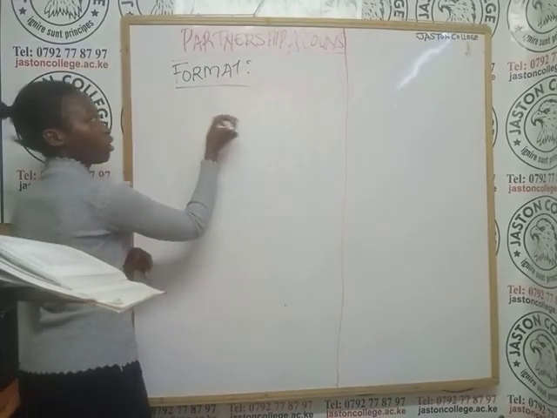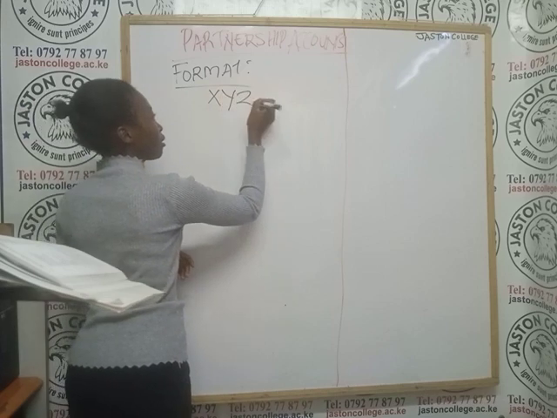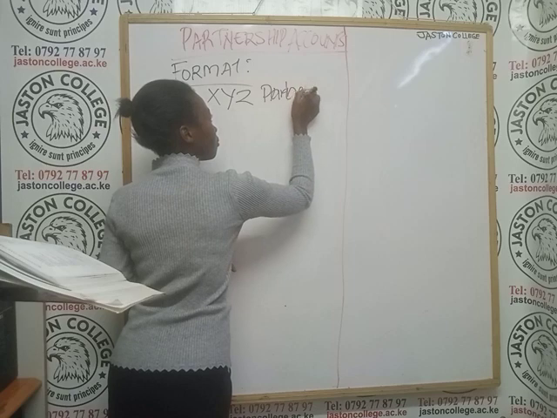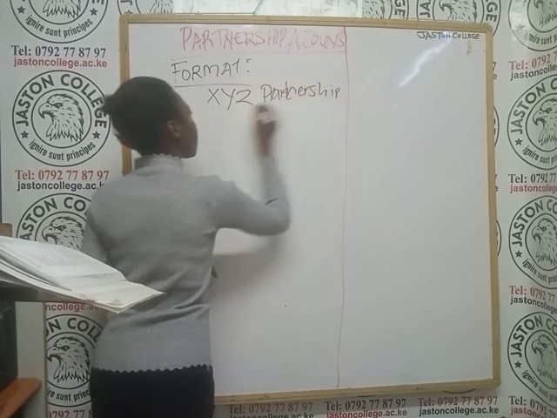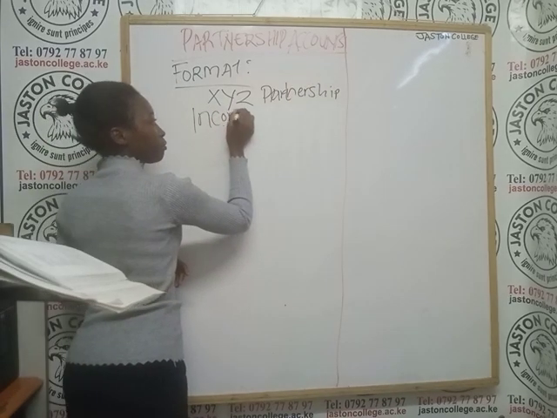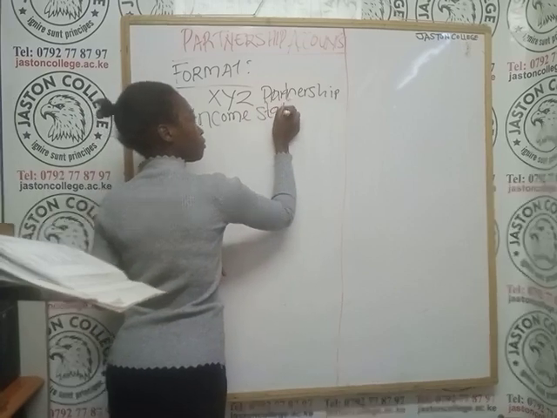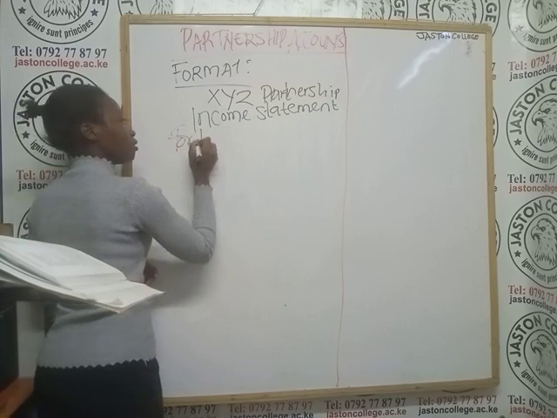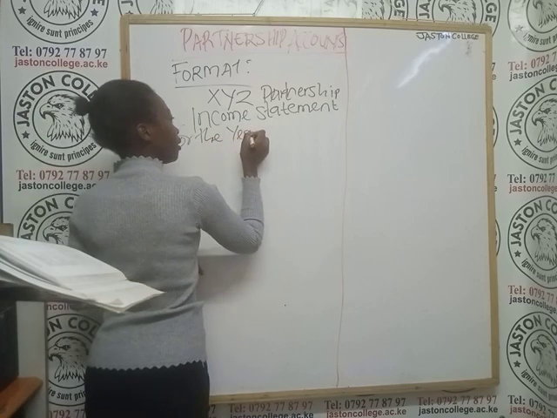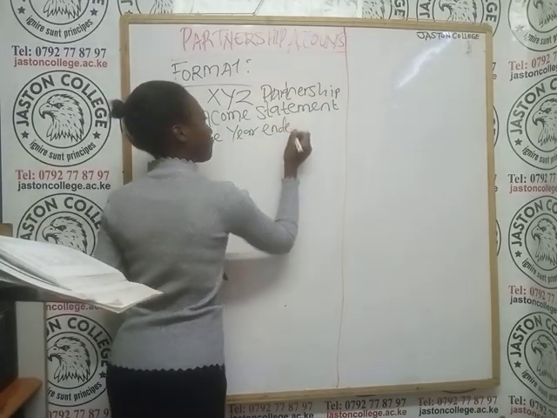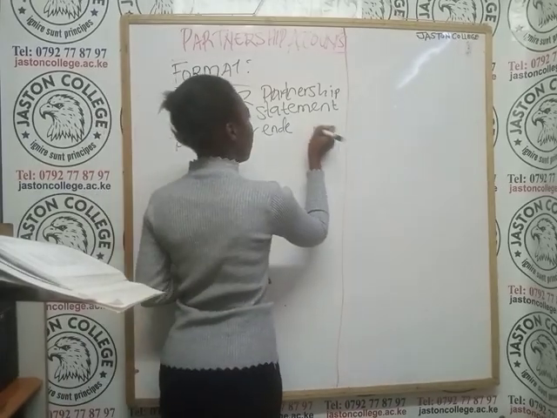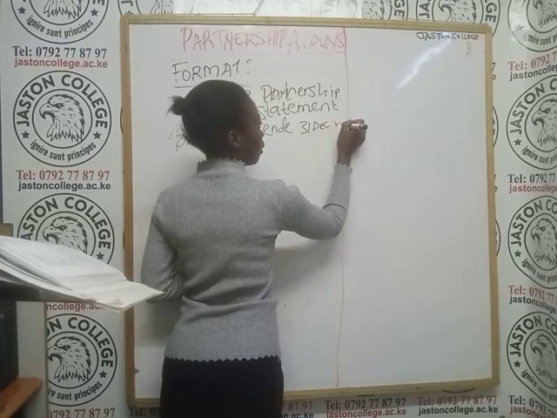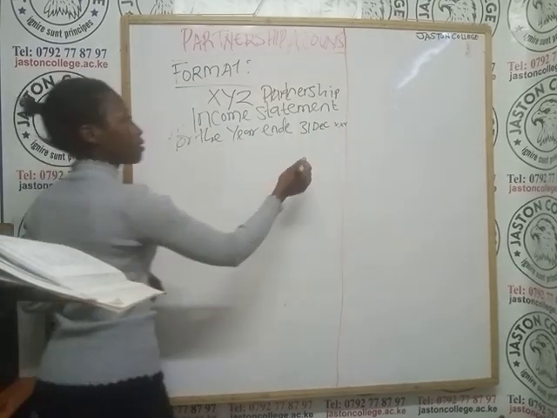We call it XYZ partnership, income statement for the year ended, let's say, 31st December, the year is X.